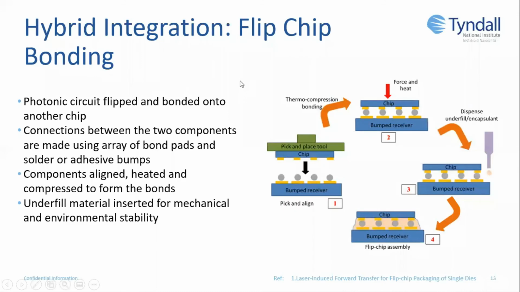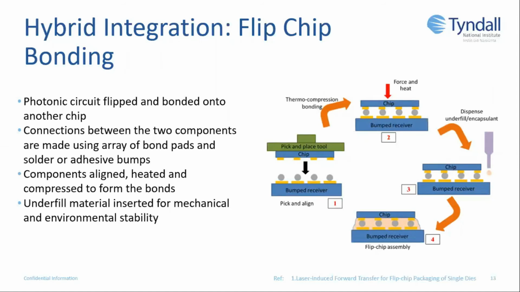So your gain chip, or the chip with the photonic devices that you want to transfer, is flipped and bonded onto the silicon photonics chip. The connection between this gain chip and silicon photonics chip is made by using an array of bond pads and connective bumps that are usually solder or adhesive bumps, but can also be stud bumps.